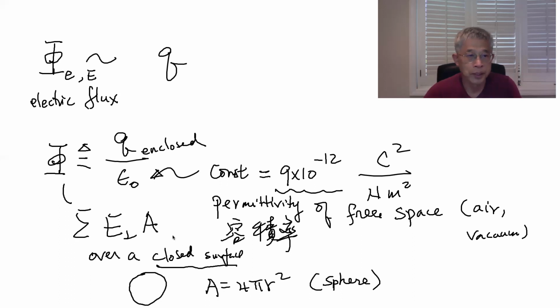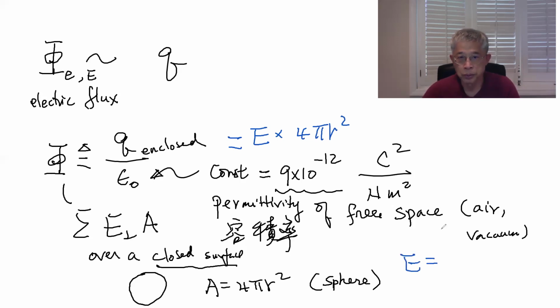So if I put this in, and I'm just going to call this always perpendicular, then this is equal to E times 4 pi r squared, right? So that's changing the form. So we have E is equal to, I'm going to divide this over, 4 pi r squared, and then epsilon 0, right? And then Q.